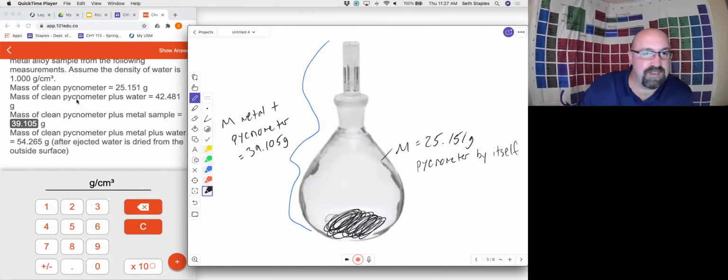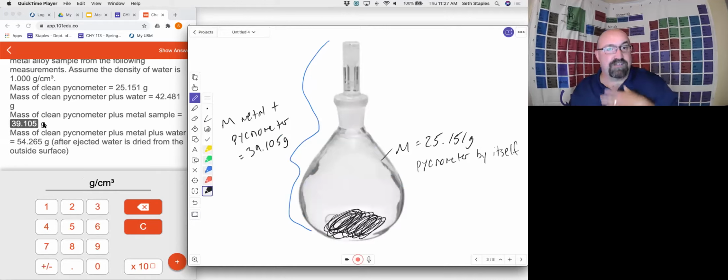Now you were probably given a different number here. One of the things that Chem 101 will do is, for some problems, people get different numbers to work with. 39.105 is the example that I have in this case. Your problem probably had a different number there, but it's the same exact process that we're going to walk through.